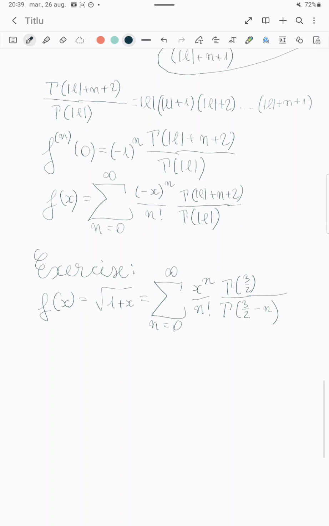Now, spoiler alert. So let's calculate this gamma.